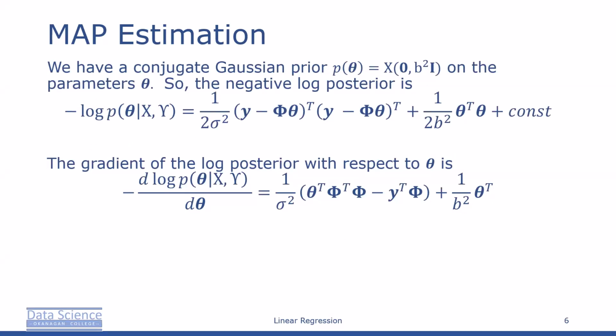Take the conjugate Gaussian prior, P of theta is equal to normally distributed with mean 0, variance b squared I, on the parameters theta.